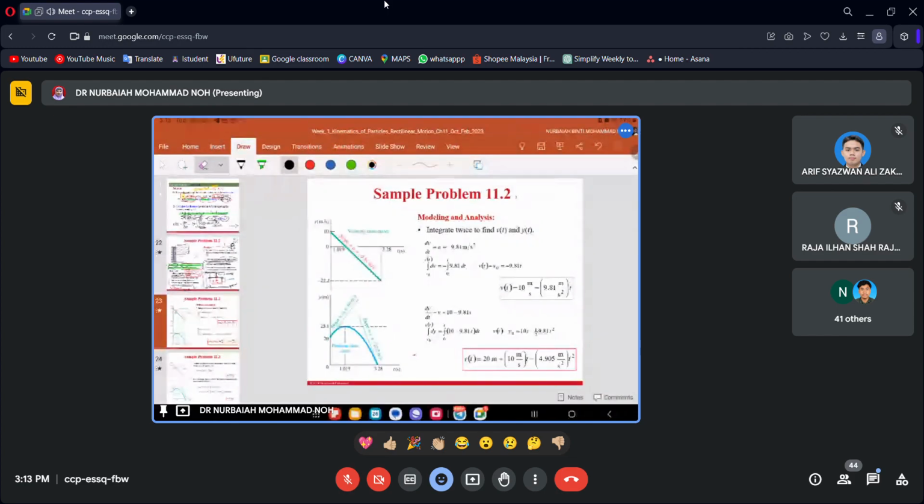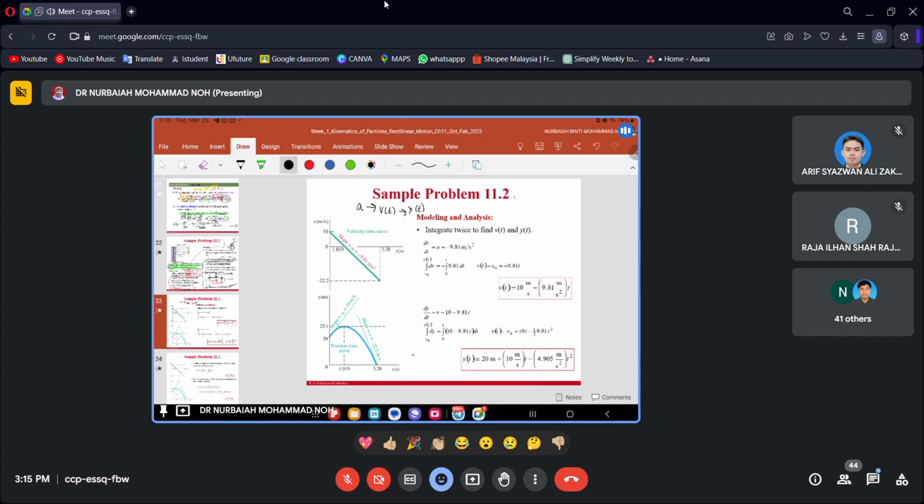So from here we know that we are required to have a in order to get the v function, and then later on we can get the x function.